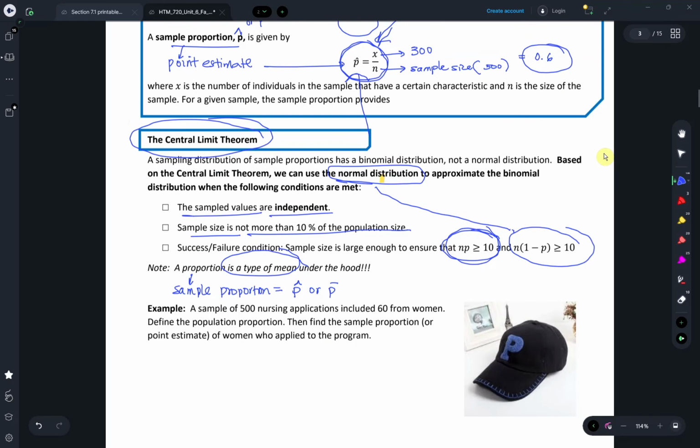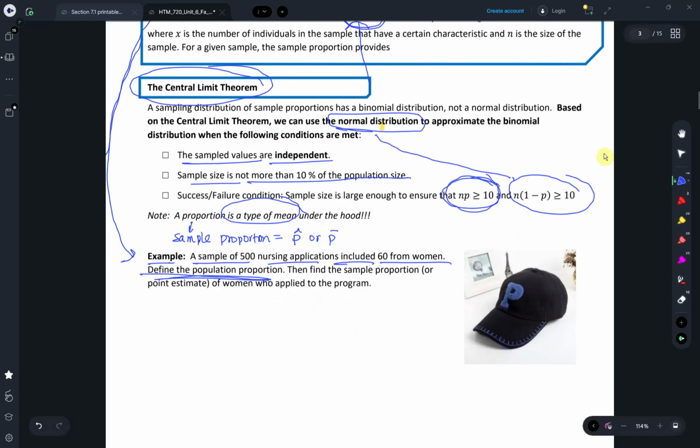To bring this home, and by this I mean the idea of sample proportion or point estimates, let's consider this example. A sample of 500 nursing applications included 60 from women. What is the population proportion in this case? That is, what is the unknown that might have required that we collect this data?